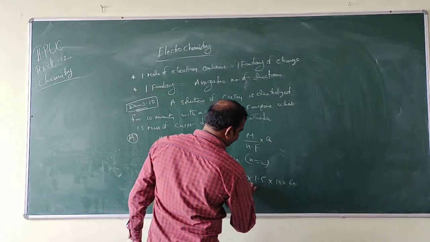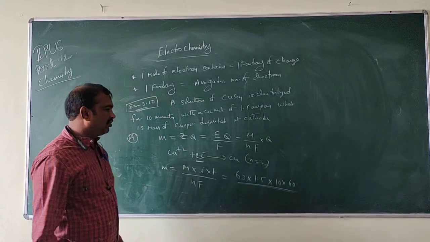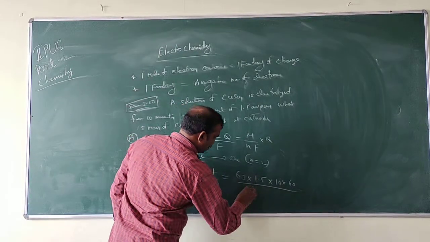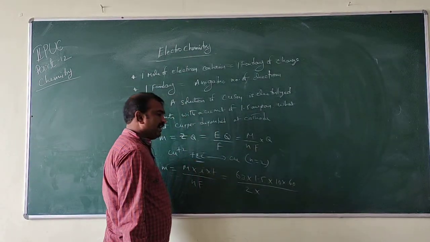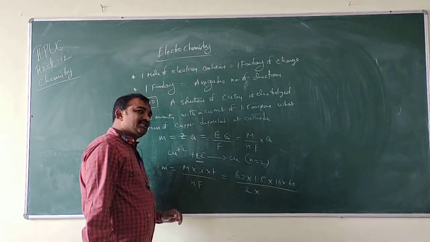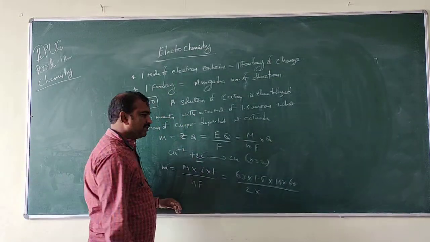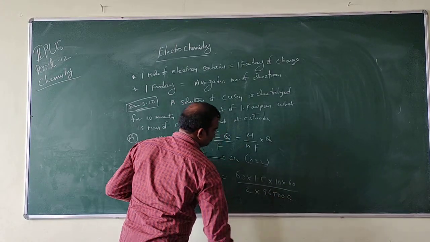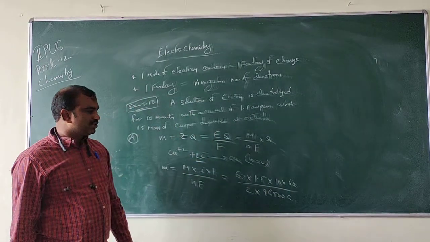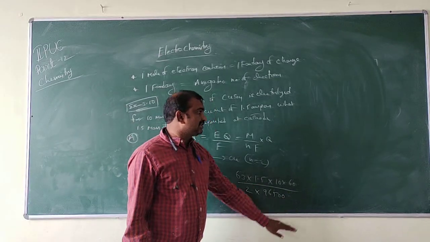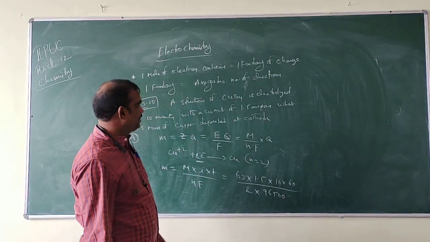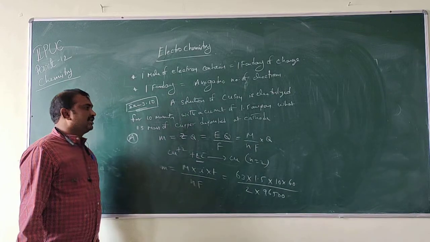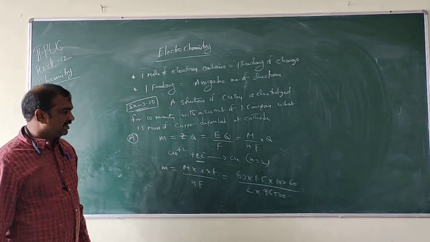By n value: how many electrons are transferred here? 2 into Faraday. What is the charge of a Faraday? 96,500 coulombs. If you substitute all these values, you will get the amount of copper deposited at the cathode.